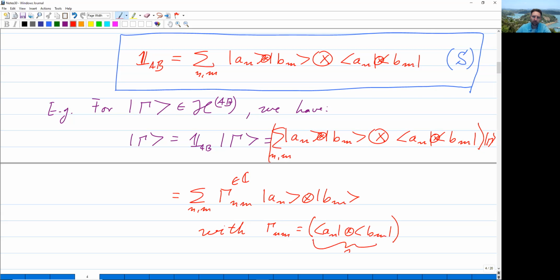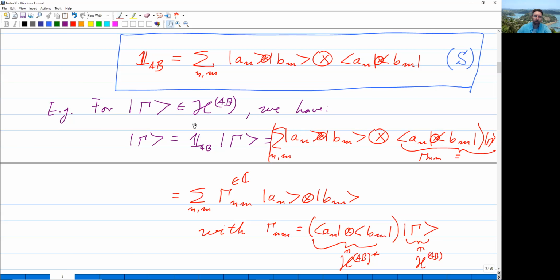This is an element of the dual Hilbert space H_AB, and that contracted with gamma, which is inside the Hilbert space H_AB, right? Because that's this part here. Gamma_nm, that's this. This is equal to gamma_nm. And this part here is left over. That's what we have here.